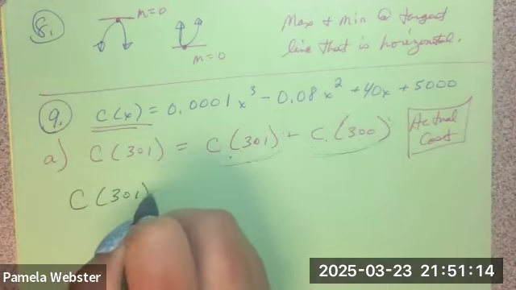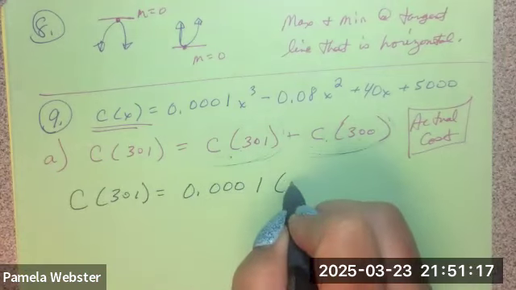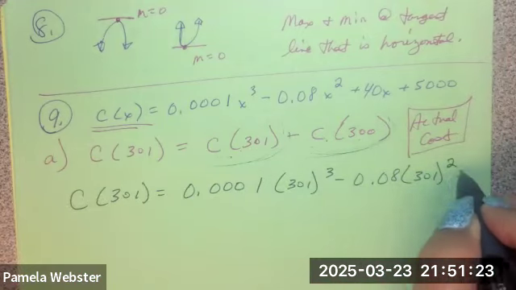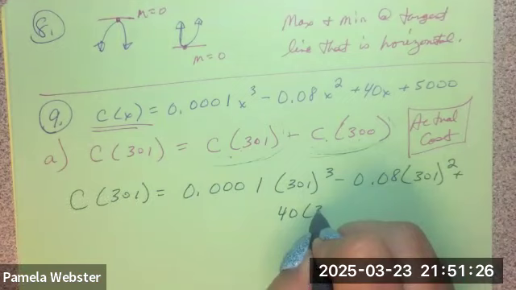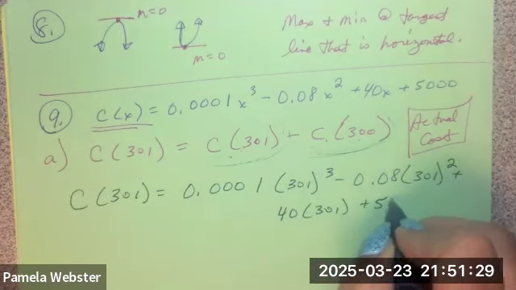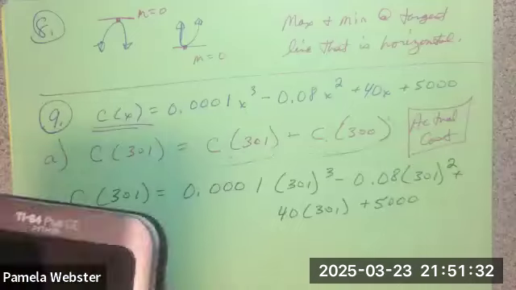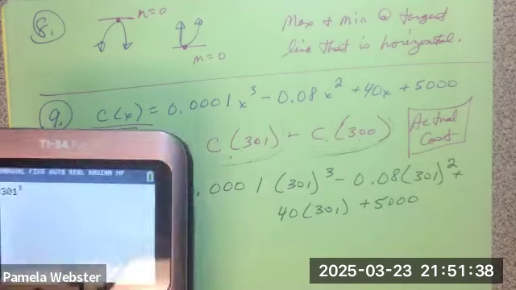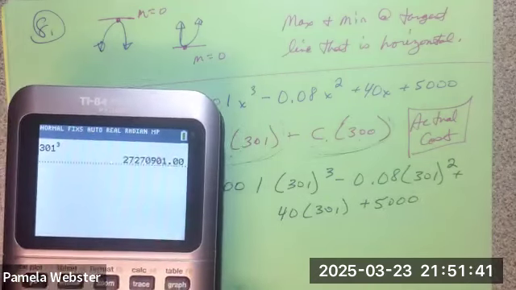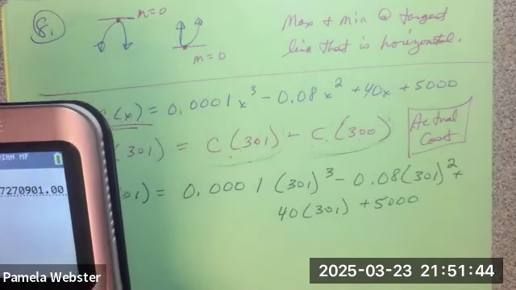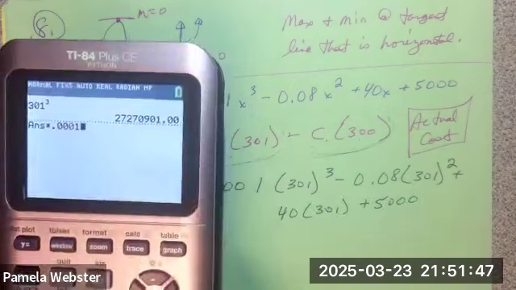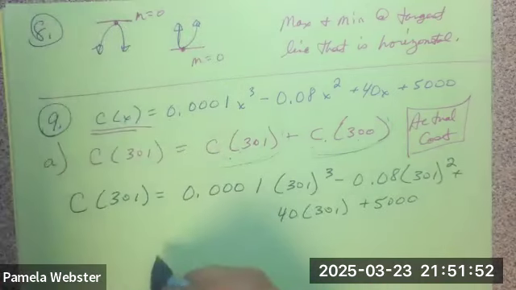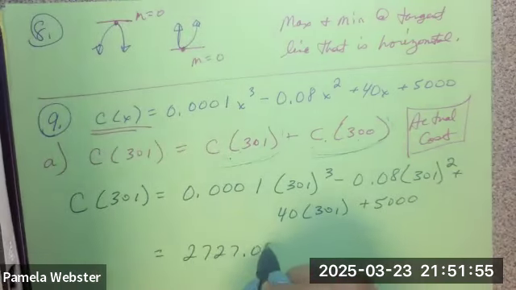So the cost of the 301 of them is, I'm going to plug it in. We'll see what happens math-wise. Right now, I'm just plugging in the 301. 40 times 301 plus 5,000. Okay, this is some big numbers. Remembering that we need to do the cubing or the squaring first because of order of operations, and then we'll multiply. 0.0001 times 301 cubed, so this first number is about 2,727.09.